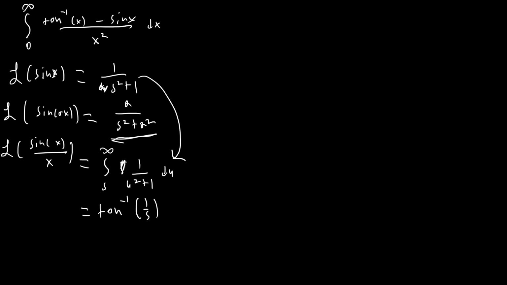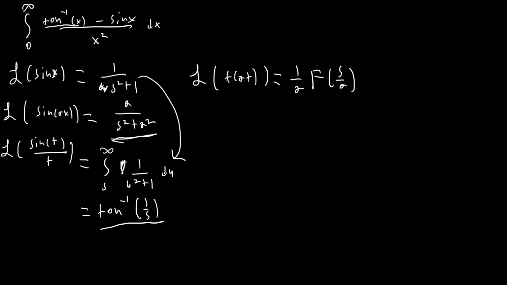Now I'm going to change my variable name from x to t, to not confuse us too much, because now I want to get inverse tangent of x. Right now I have inverse tangent of 1 over s. Another interesting property of the Laplace transform is that the Laplace transform of f of at is 1 over a times F of s over a, if F of s is the Laplace transform of f of t.